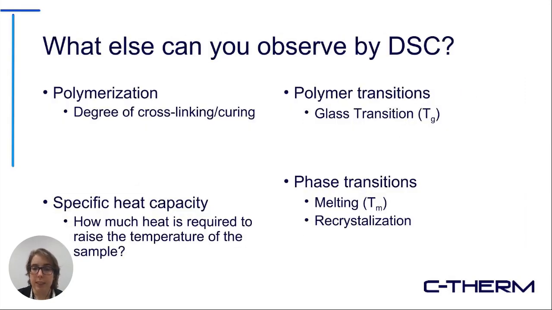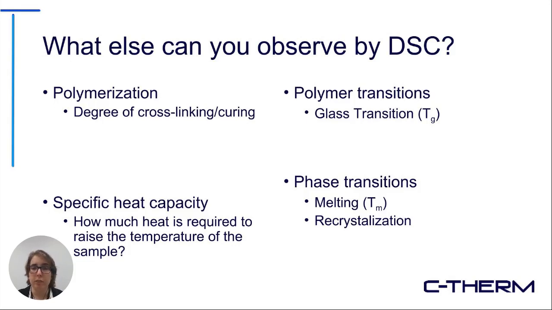There's other thermal events that can be observed by DSC. For example, you can look at the polymerization reaction itself. You can also look at things like polymer transitions. You can measure the specific heat capacity, and you can measure phase transitions.